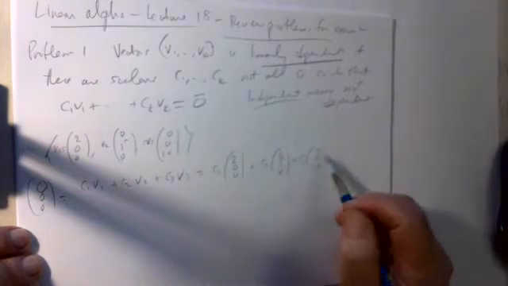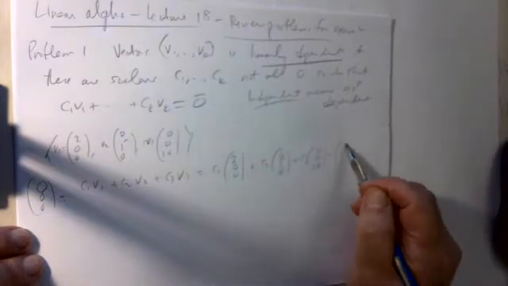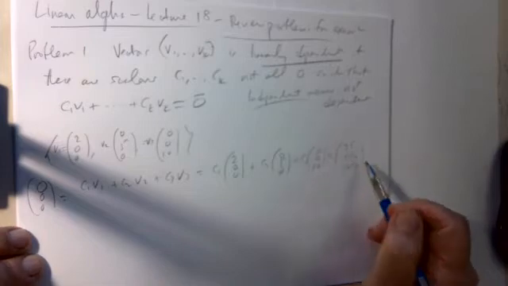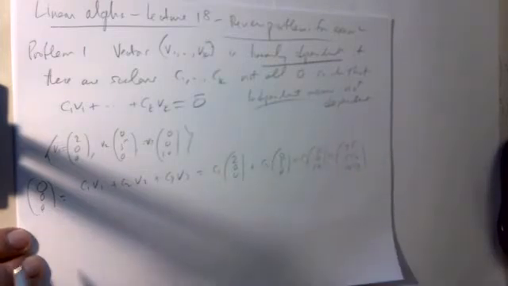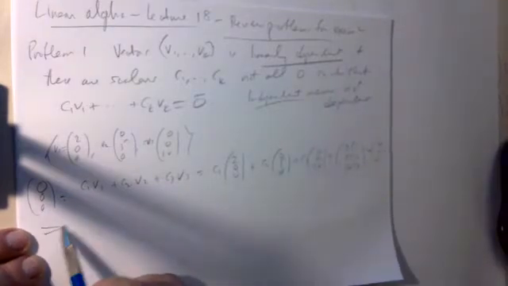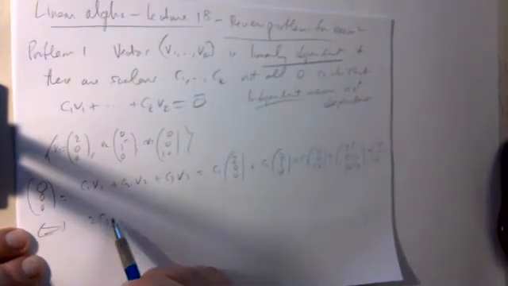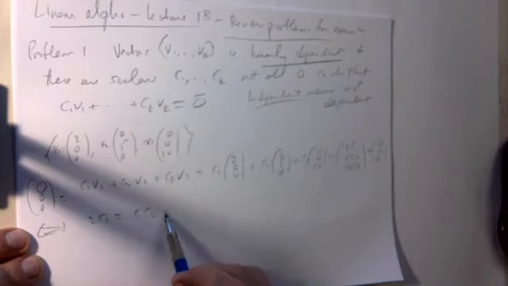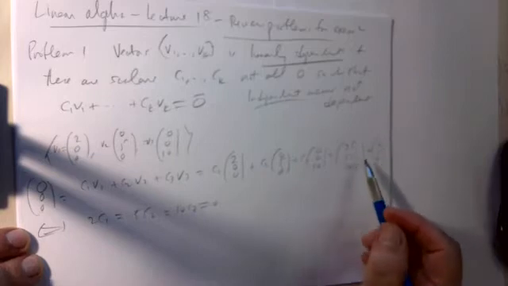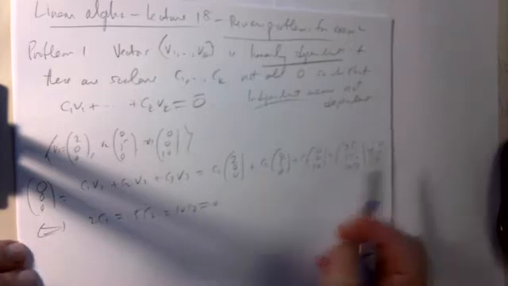If you scale and add, you get the vector 2c1, 5c2, 10c3. And that equals the 0 vector if and only if 2c1, 5c2, and 10c3 are 0. That is, coordinates of vectors that are equal.